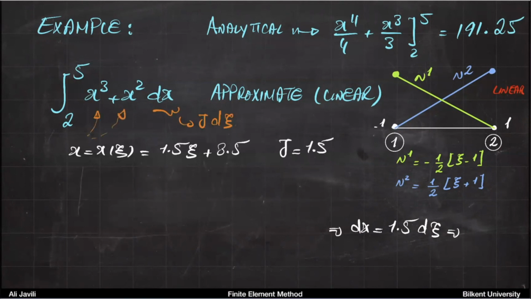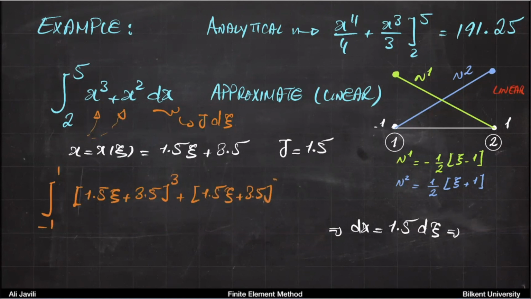So you end up with this integral from -1 to 1 now, which looks like just (1.5c plus 3.5) to the power 3 plus (1.5c plus 3.5) squared, and all of that times 1.5 dc.